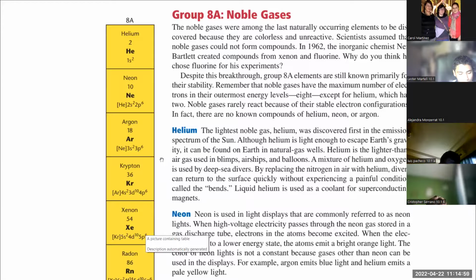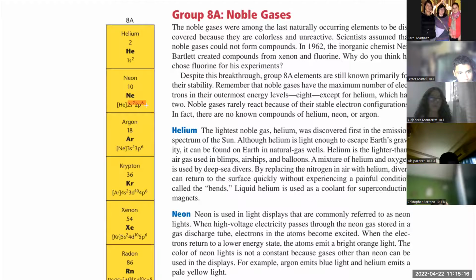because of their stability. Noble gases, well, except helium, all have 8 electrons in the outermost level. Let me show you this. Look, neon, 2 and 6, they have 8 electrons in the outermost level. Argon, 2 and 6 is 8. Krypton is this one. 2 and 6, 8 electrons.